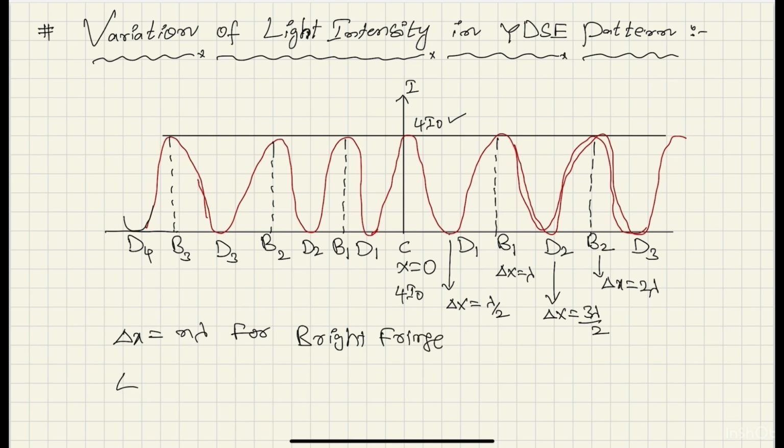Next, delta x is equal to 2n minus 1 into lambda by 2 for the dark fringe. This is the relation for the dark fringe.